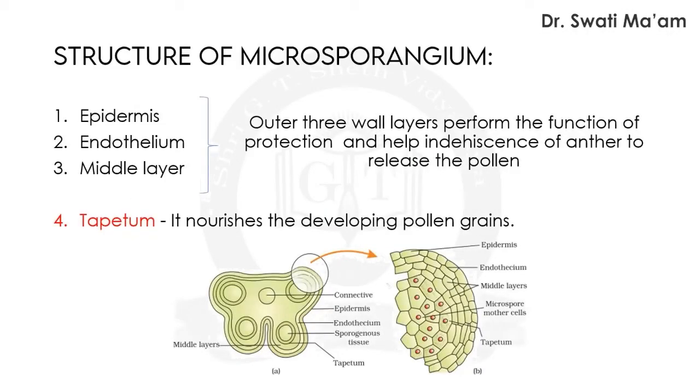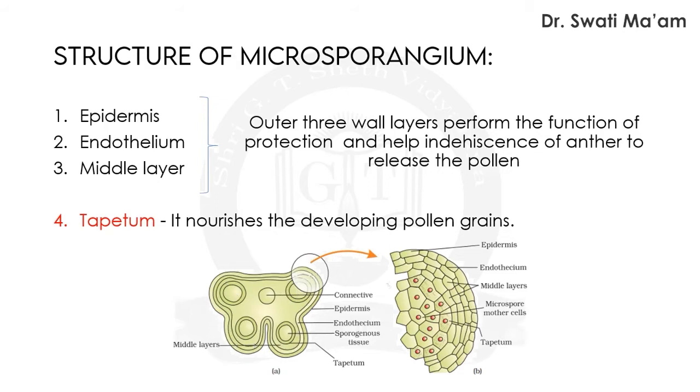Let us see the structure of microsporangium. The same structure is explained here. The transverse section of a mature anther is described here, and in this diagram we are able to see this structure. If we see the detailed structure of this mature anther, we are able to see four parts.